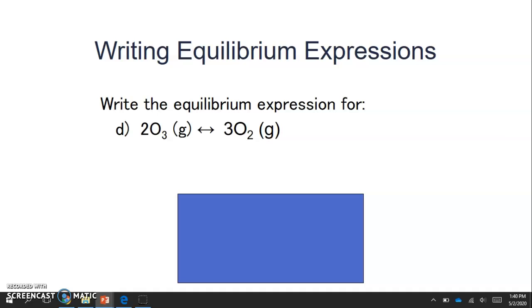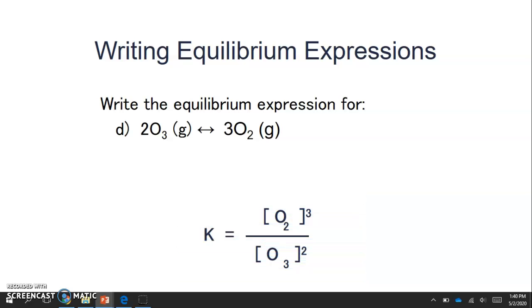All right, let's take a look at this one. So we've got 2 molecules of a trioxide gas, and we've got 3 molecules of oxygen gas. They're both gases. So you're going to have your products on the top again.